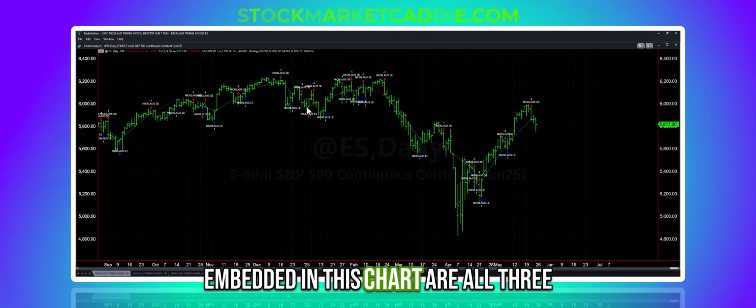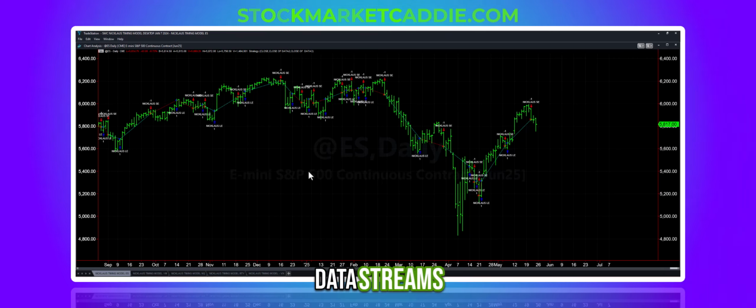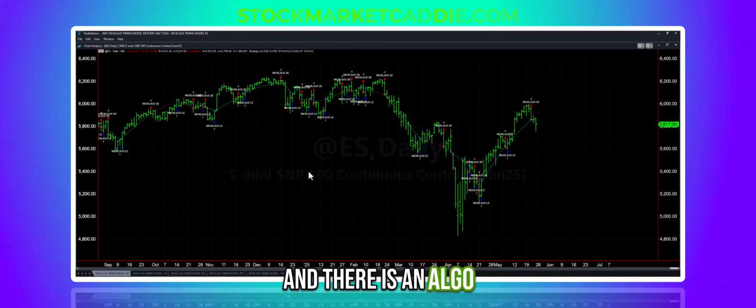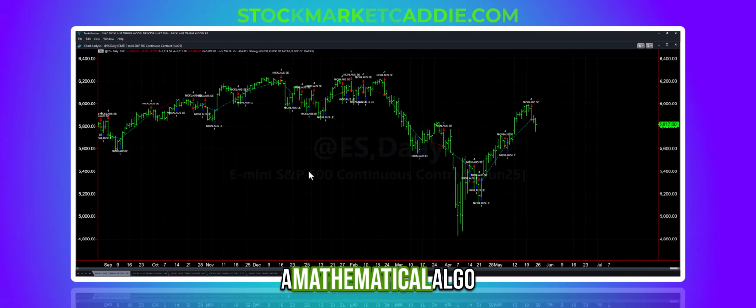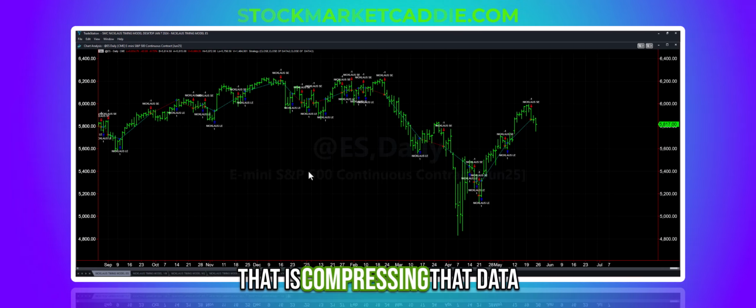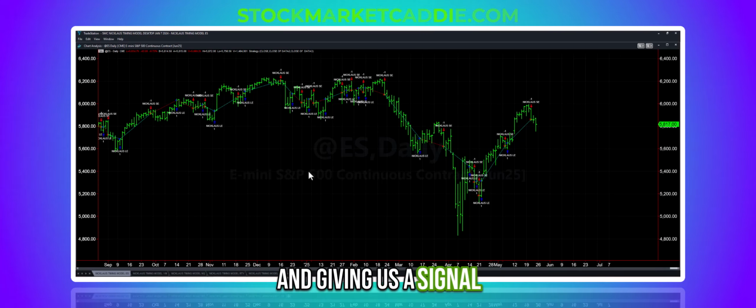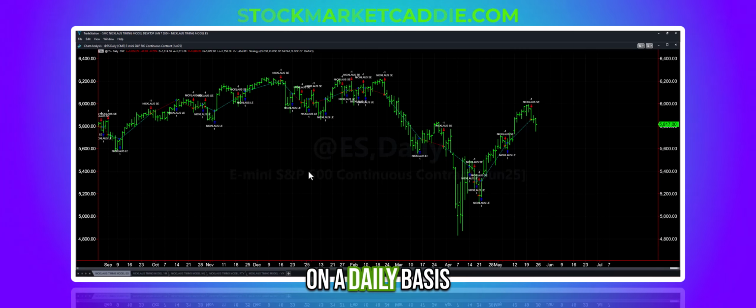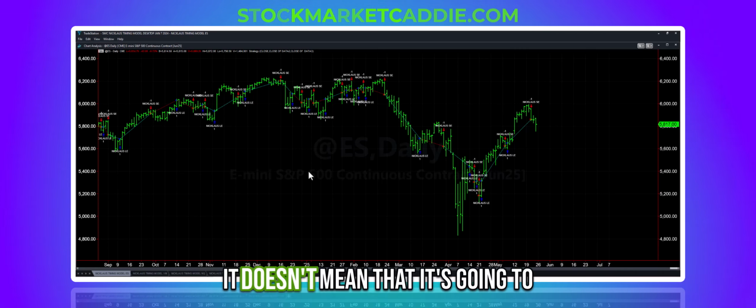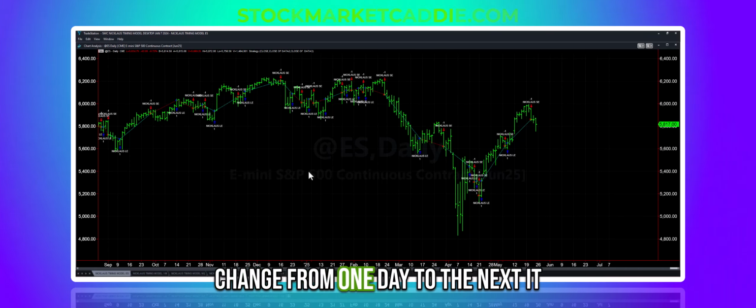Embedded in this chart are all three data streams, and there is a mathematical algo that is compressing that data and giving us a buy and sell signal on a daily basis. It doesn't mean that it's going to change from one day to the next.